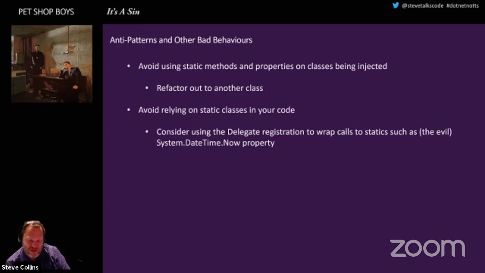All your consumer is worried about is the delegate coming in or the interface coming in, which means the delegate and the interface can be mocked, and suddenly your code goes from being really hard to unit test because it's talking to something like DateTime.Now to actually really quite easy to unit test. And that's my little rant over.